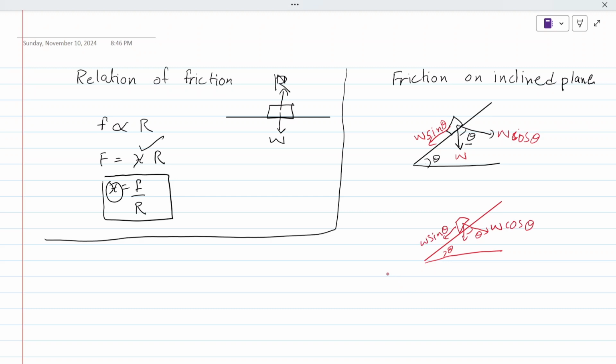Okay, let me just reverse the diagram. If this is angle theta, it would be W cos theta and W sine theta.